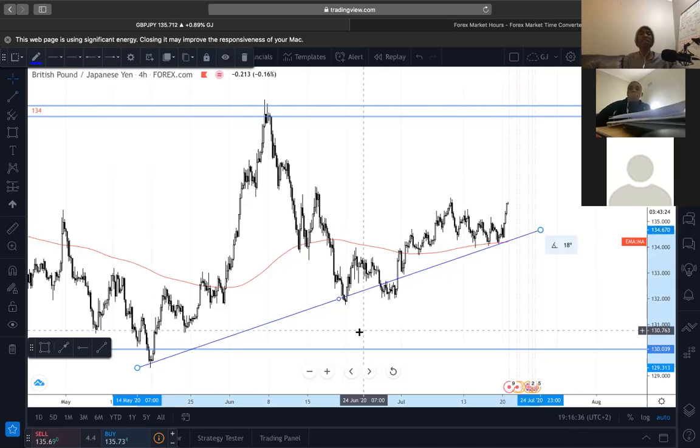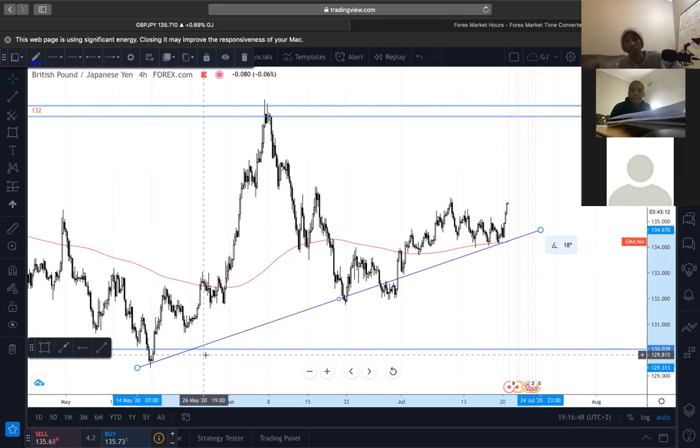Now, the further back your trend line goes, the stronger it is when price does get there.